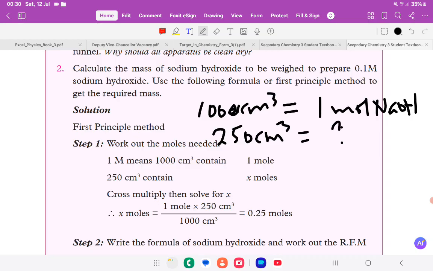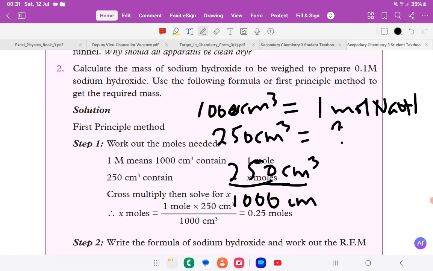We are going to run a simple proportion in which the one that is required is put on top. So we have 250 divided by 1000 multiplied by 1 mole. By the way, this is 250 cubic centimeters over 1000 cubic centimeters multiplied by 1 mole.